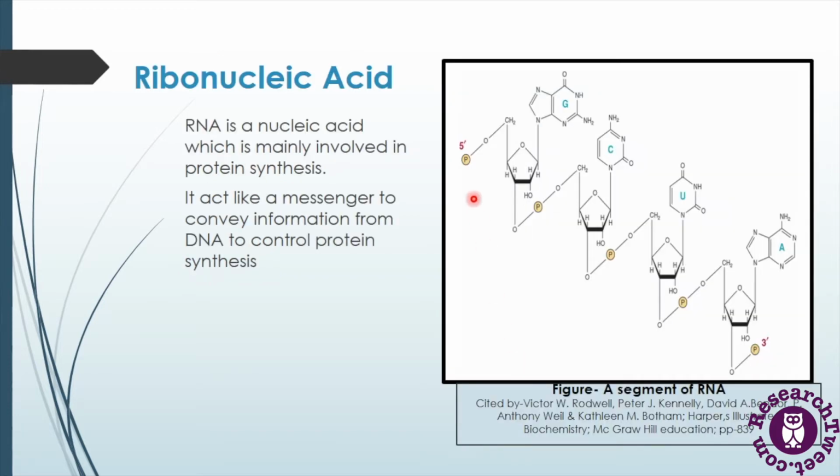Before starting with tRNA, let's recall some basic facts about RNA or ribonucleic acid. RNA is also a type of nucleic acid like DNA, but there are some differences in its structure and also in its functions. RNA consists of ribose sugar in its backbone instead of deoxyribose sugar, which is present in DNA.